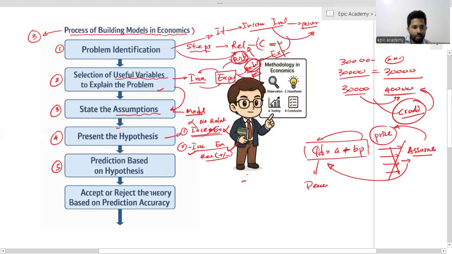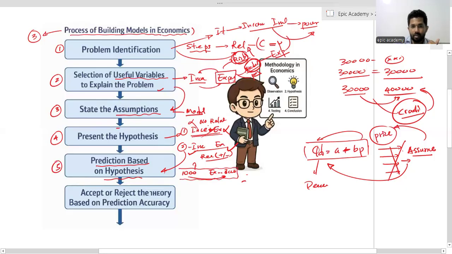Predict based on the hypothesis. So you accept this hypothesis, you can predict now. If income increases by 1,000 rupees, expenditure increases by 800 rupees. This is the prediction. It is based on the hypothesis, which was already developed by the methodology. So there must be a relationship.